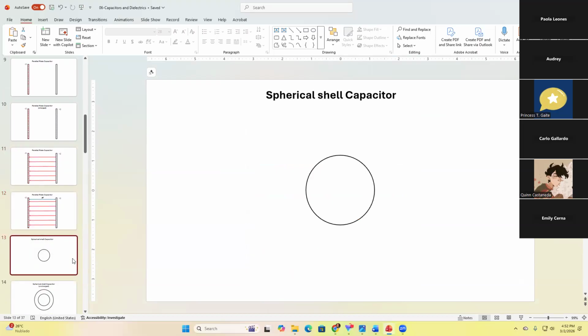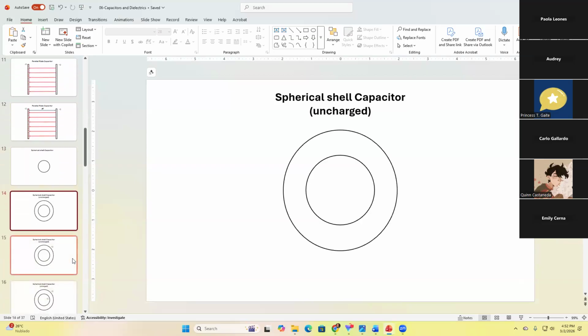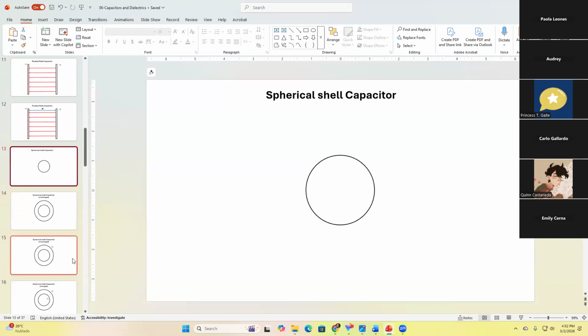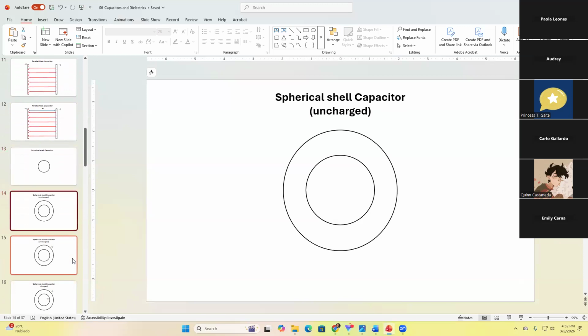But we can also have a spherical capacitor. We can use a metallic spherical shell that is concentric with another metallic spherical shell. Here you go. Inner shell, outer shell.